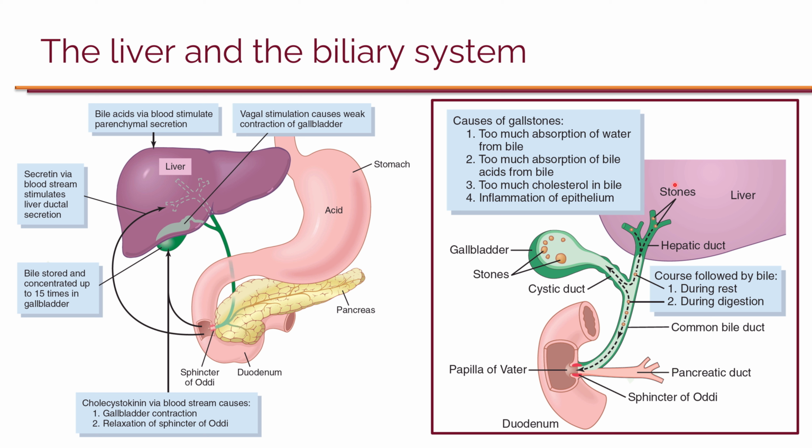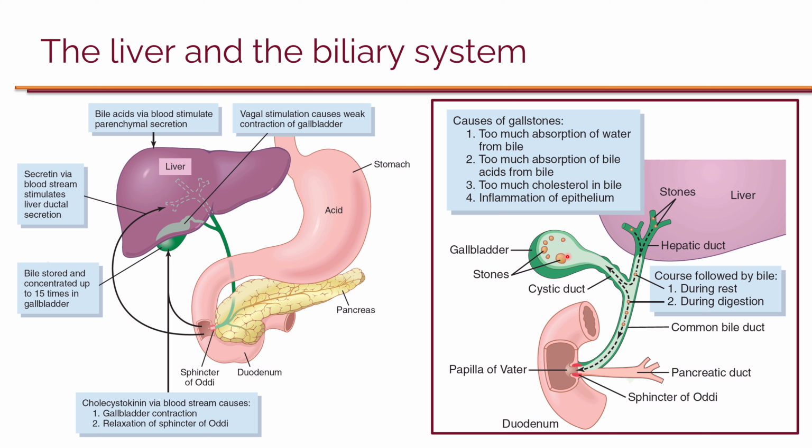You can see here's the liver where the bile is produced, and occasionally it can form into stones. A lot of the time they don't necessarily make an obstruction here. But as part of bile traveling into the gallbladder for storage, these stones can also travel and get stuck in the gallbladder, and they can get even more concentrated and grow bigger, which can cause obstruction in the gallbladder.